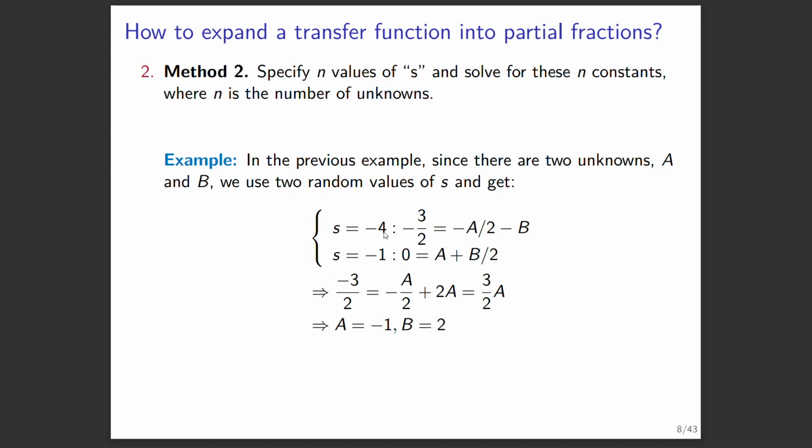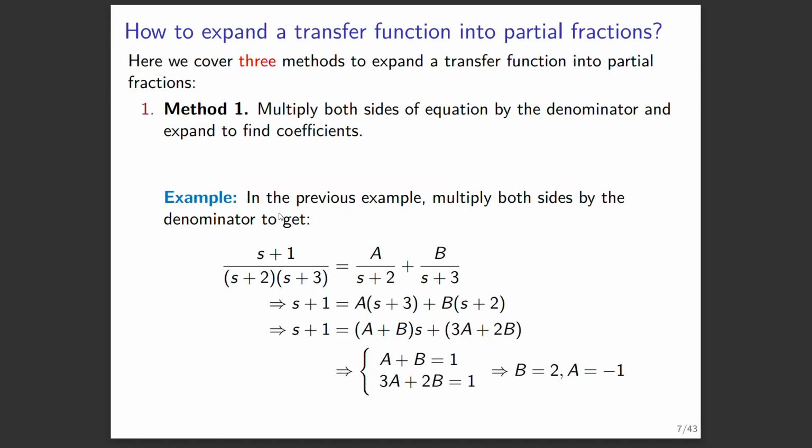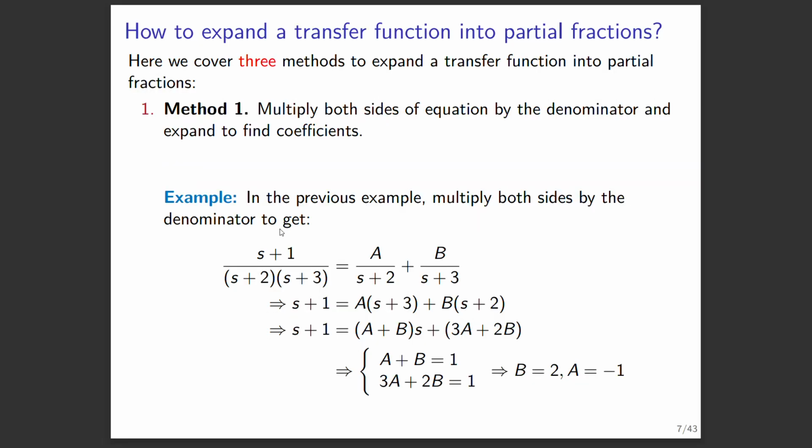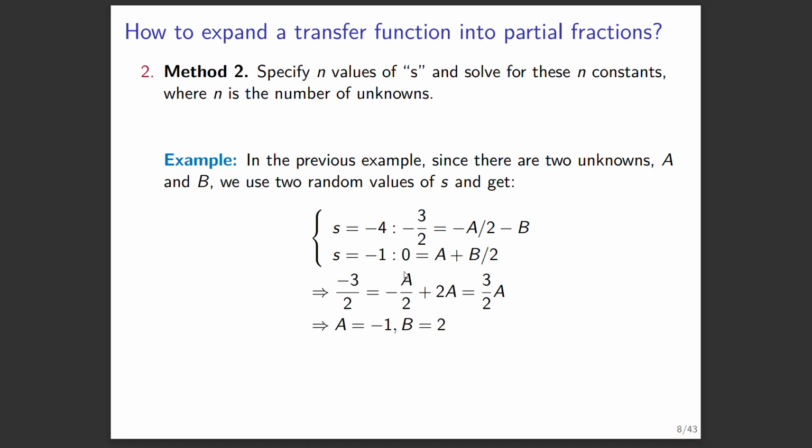If I substitute negative 4 here, I'm going to have negative 3 divided by negative 2 times negative 1 on the left-hand side, which is negative 3 divided by 2. And then on the right-hand side, I have negative A divided by 2, negative B. If I plug in negative 1, the left-hand side would be 0, the right-hand side would be A divided by 1, which is A, and here I'm going to have B divided by 2. So I can solve for A and B. This is method 2.